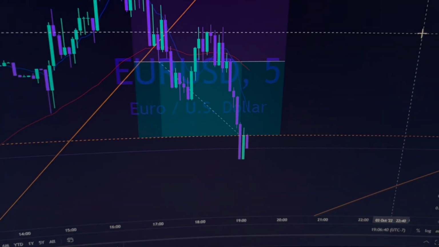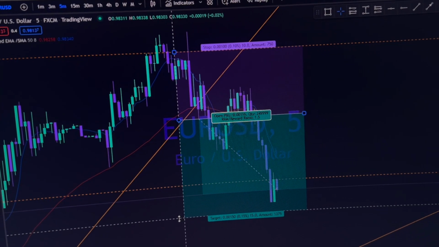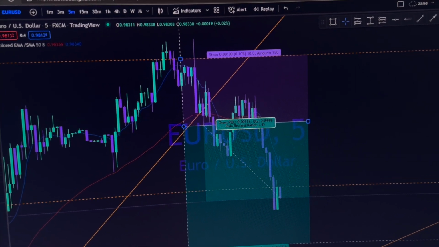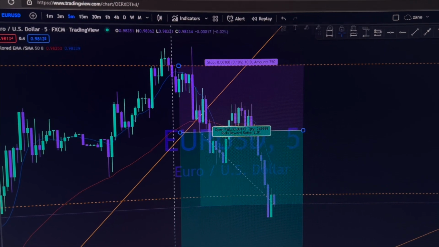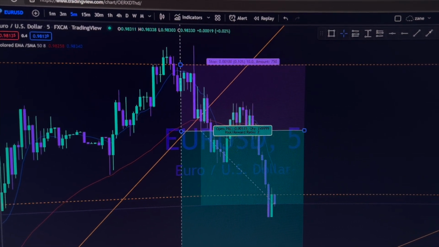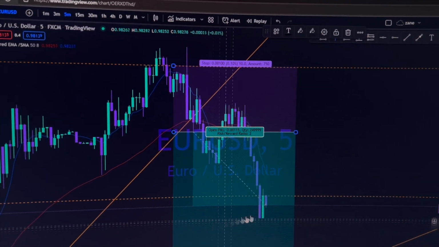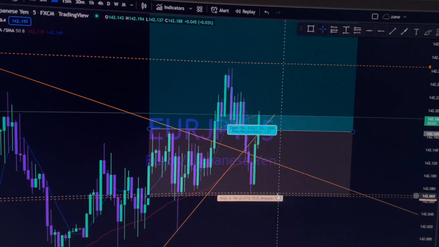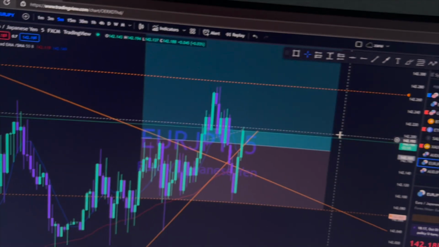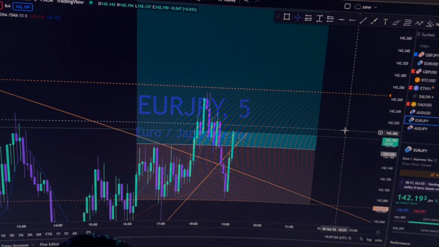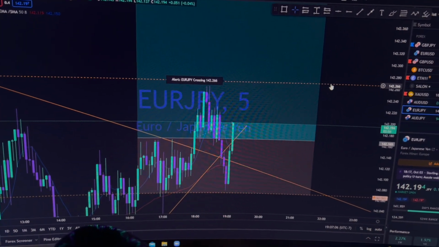So little update on EU, we have hit TP1, and I'm gonna move my take profit to 20 pips. If I do close early, I'll update you guys. And as far as EJ, we almost got stopped out here, but we're still in, and it's back in profit. Let's see if we can hit TP1 here.